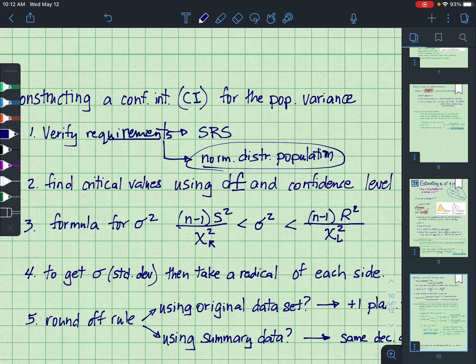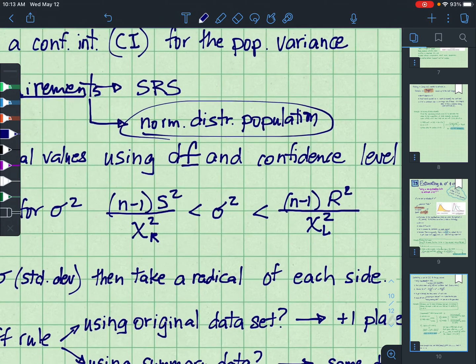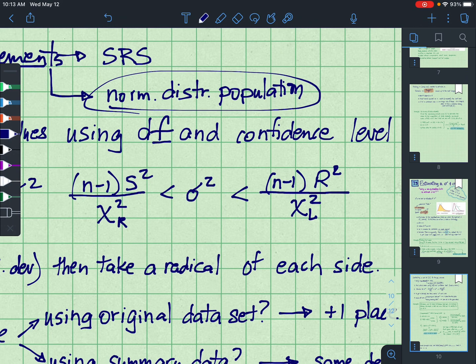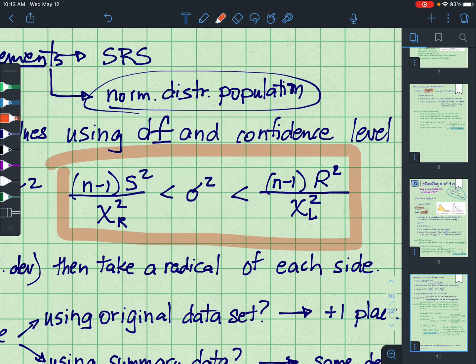The formula for sigma squared is n minus 1 times s squared divided by chi-squared R. Notice here in this formula, I'm going to highlight this here. We have R and L on the wrong sides, unquote.